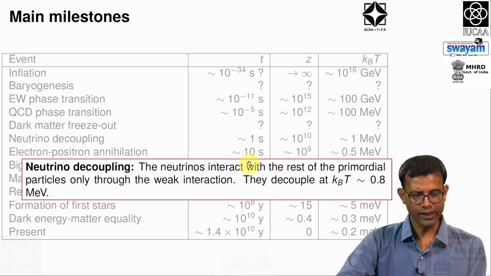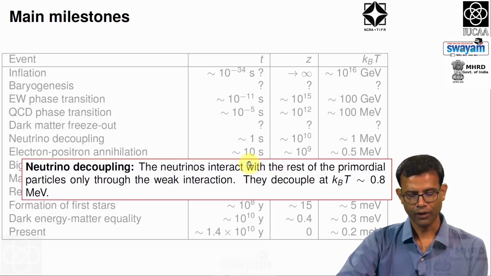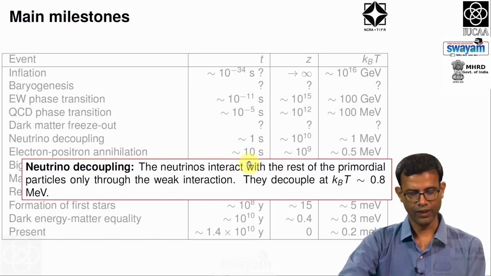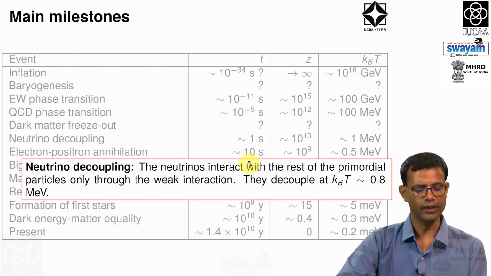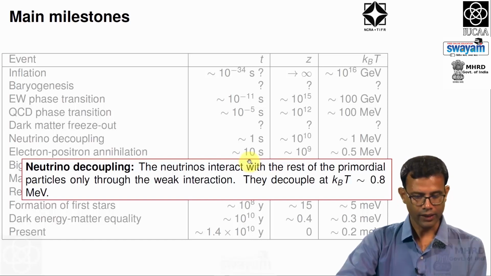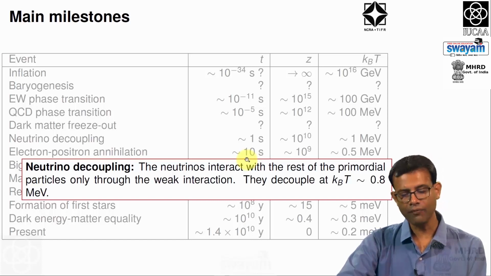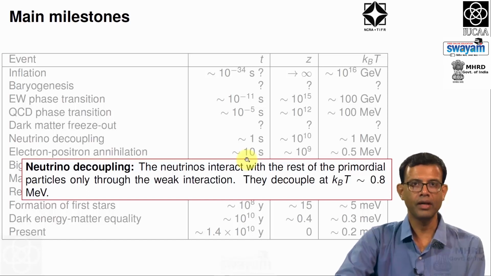A very interesting thing happens around 1 second after the Big Bang. The neutrinos before this time would have been interacting with all the other primordial particles through weak interaction. At some point their interaction rate will go down because the densities will go down, and they will decouple from the rest of the matter, and then the neutrinos just remain as they are.